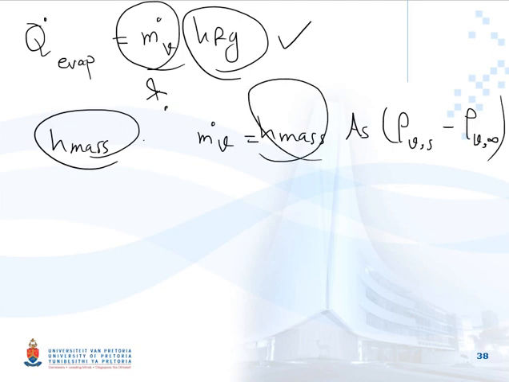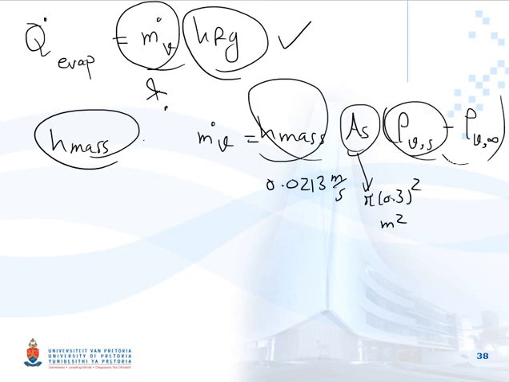This one we have, it's equal to 0.0213. A_s, again we have it, pi times 0.3 to the power of 2. So the only thing that we need is to find these two.